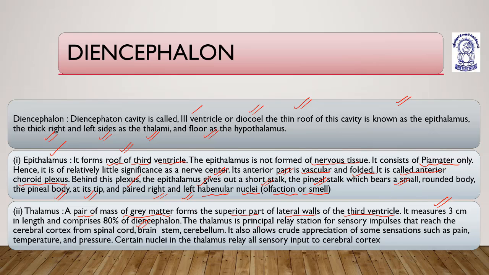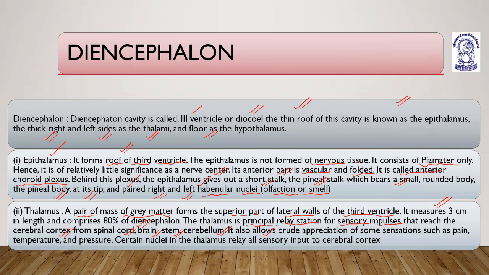The thalamus is the principal relay station for sensory impulses that reach the cerebral cortex from the spinal cord, brainstem, and cerebellum.